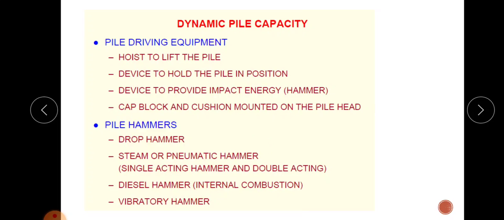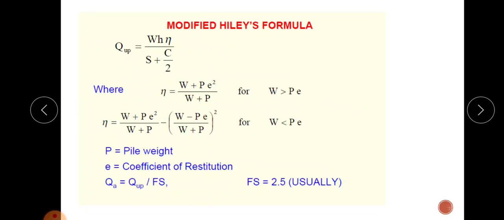By equating the kinetic energy delivered by the hammer to the work done on the pile, we have derived many equations, like the engineering news formula, Hiley's formula, and modified Hiley's formula. In your syllabus, only modified Hiley's formula is required, so I am explaining that equation only. This equation is derived by equating the kinetic energy delivered by the hammer to the work done on the pile.